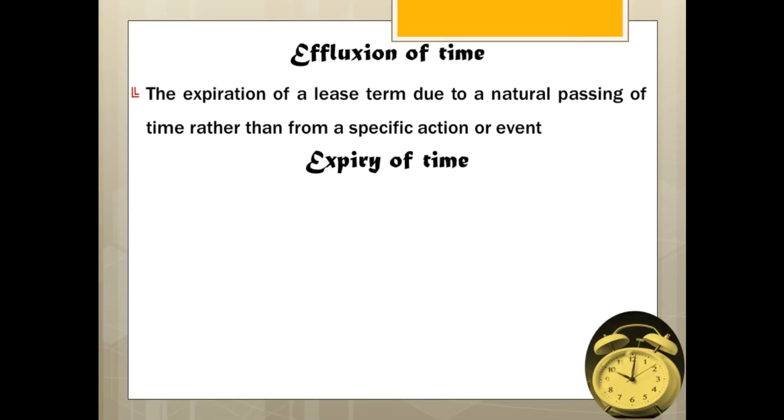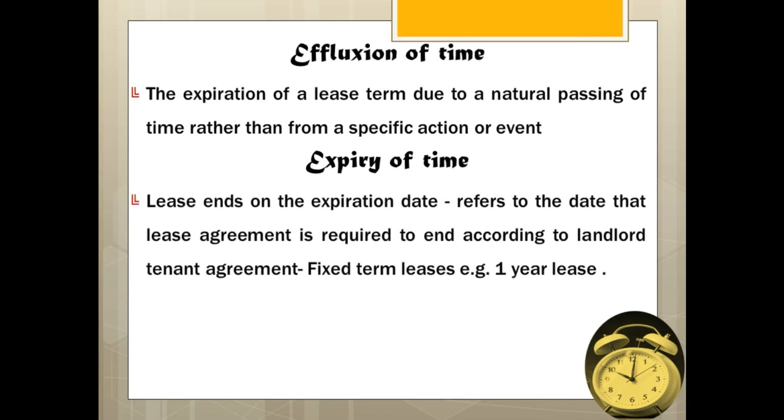We have effluxion of time. This is the expiration of a lease term due to natural passing of time rather than from a specific action or event. So that is expiry of time. In this case, a lease ends on the expiry date.